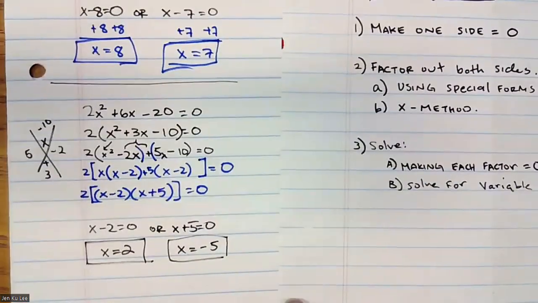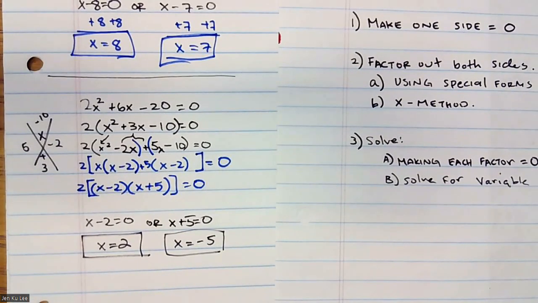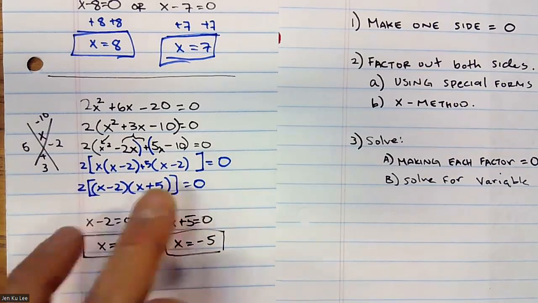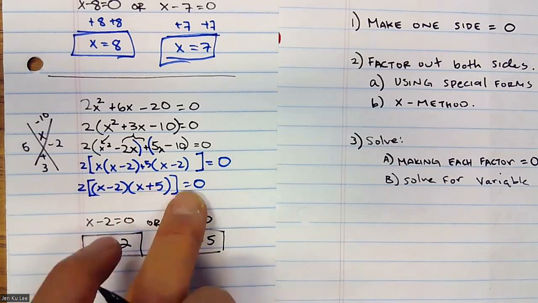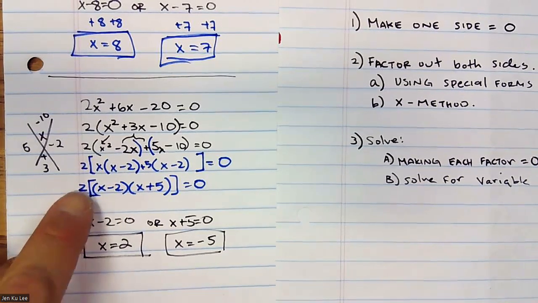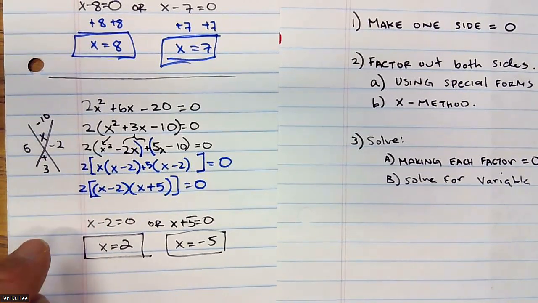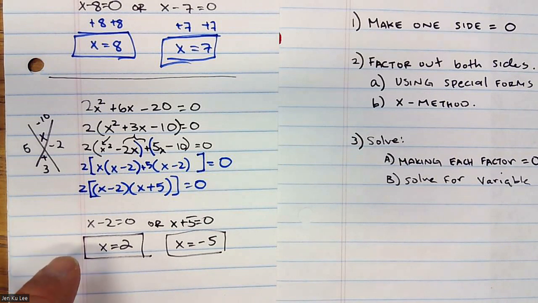That's your answers. Because 2 times 0 is still 0. 2 times this 0 is still 0. So that 2 doesn't really matter. Somewhat, yes, when you're solving. When you're factoring, no.